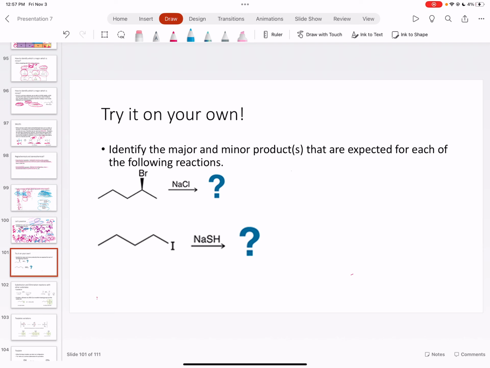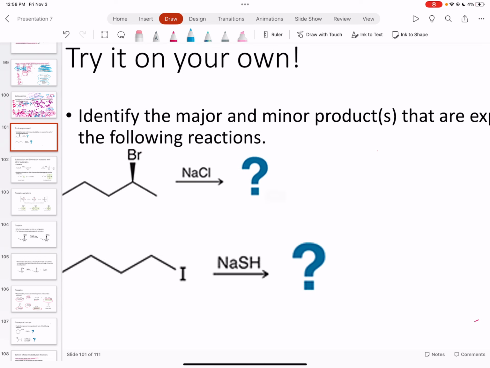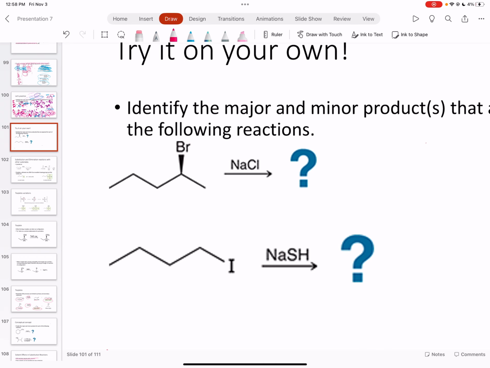Okay, so we can try it on your own. Identify the major and minor products that are expected for each of the following reactions. In this case, we're going to do a little chart: E1, E2, SN1, and SN2. Again, the spectator, chlorine, we're going to have a negative.